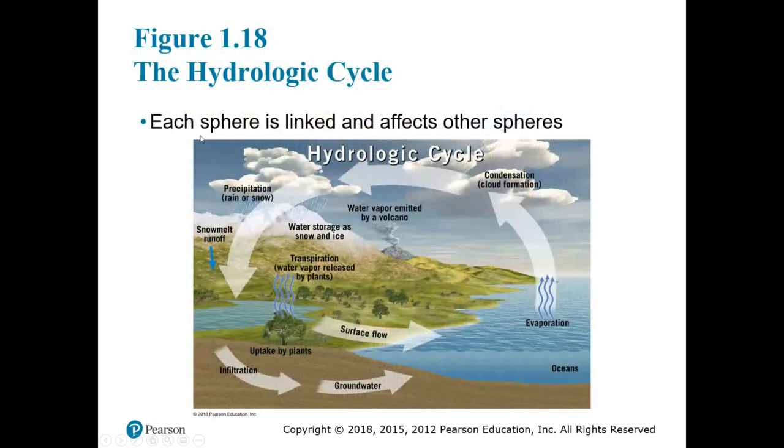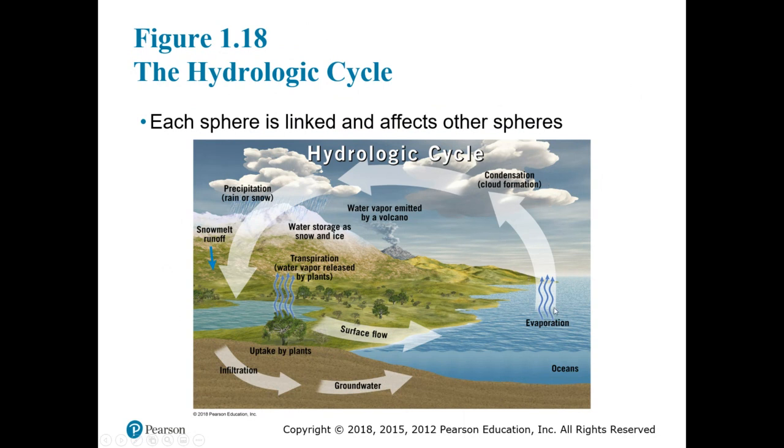So like I mentioned, Earth is considered a system because each sphere is linked and affects all other spheres. And so here we have an example of the hydrologic cycle, which we'll talk about more in depth when we get to the chapter on running water and groundwater. So here in the hydrologic cycle, we have the atmosphere involved because of weather.